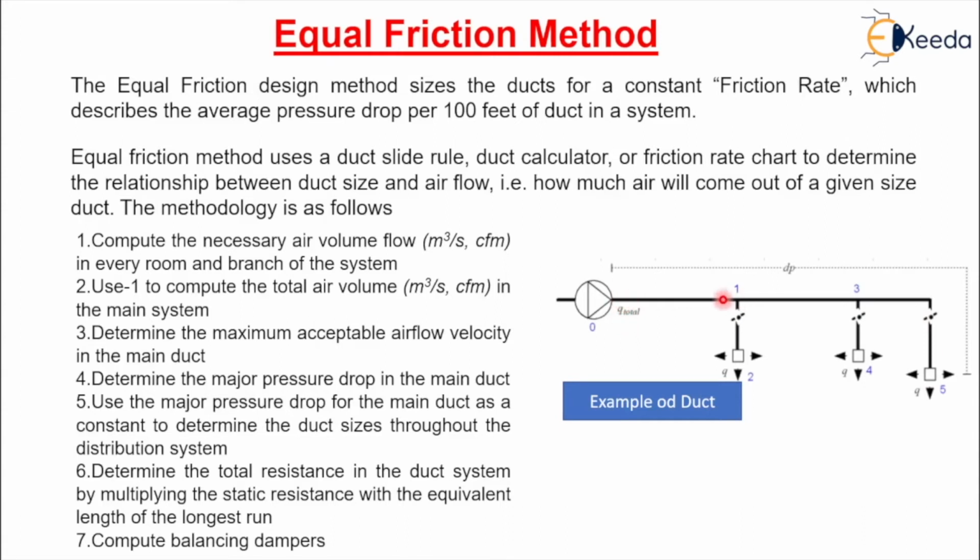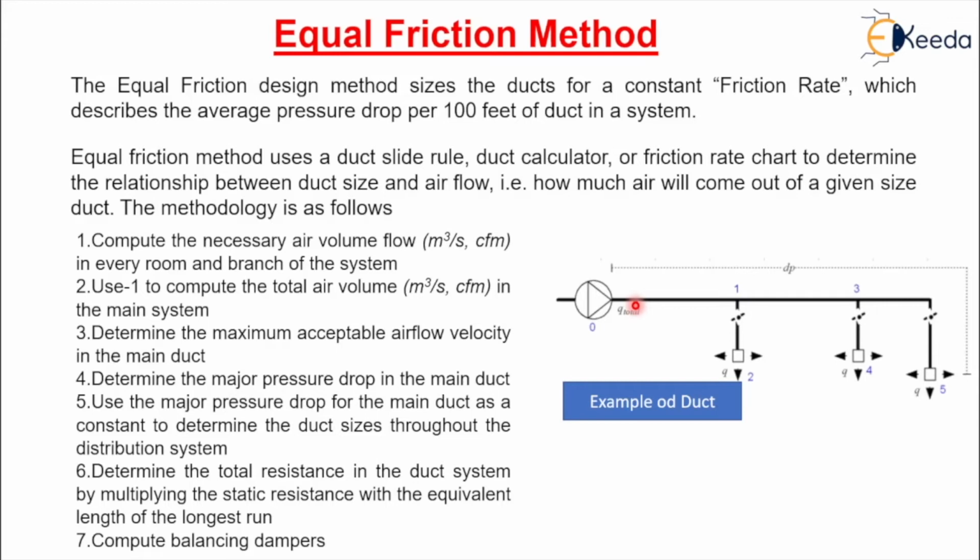Now you have the total CFM: x1 plus x2 plus x3 CFM. And from the velocity reduction method, we will select the velocity for this duct also. In this case also, we are using the velocity reduction method. Now we have the air volume flow rate and we selected the velocity.